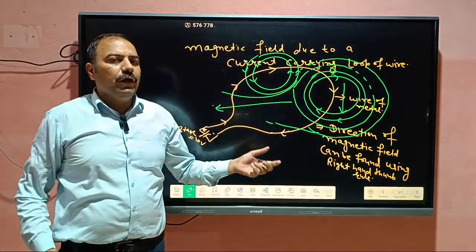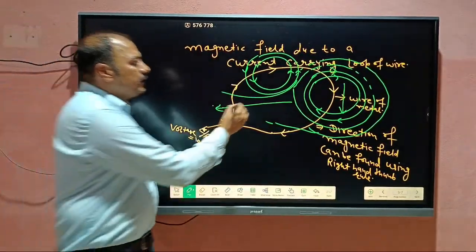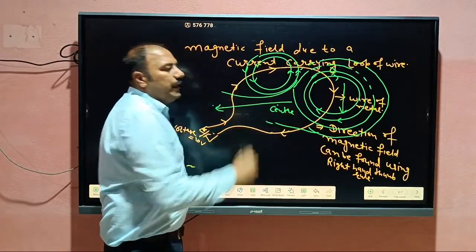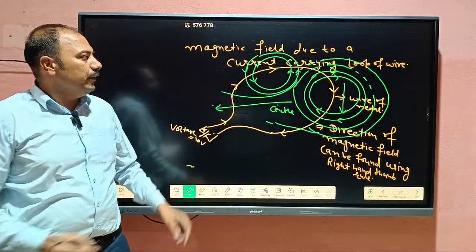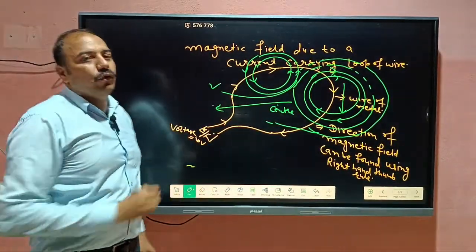The magnetic field lines in the circle are uniform, and at the center, the lines are straight. So this is the magnetic field due to the current carrying loop.